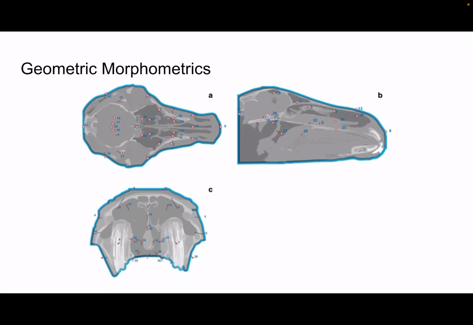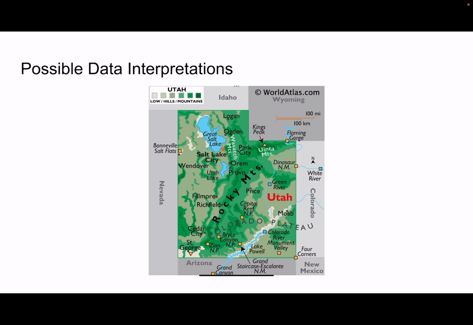Once all that data is entered in, they have a database that shows what exactly they're equipped for in their environment. So using this, we're able to see throughout the whole state of Utah what dietary habits these subspecies of white-tailed deer have that are specific to their environment.